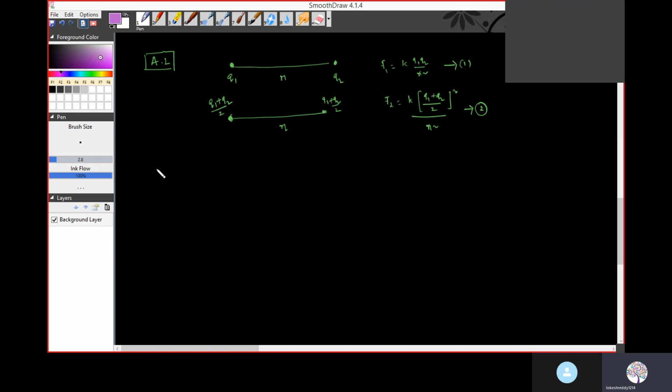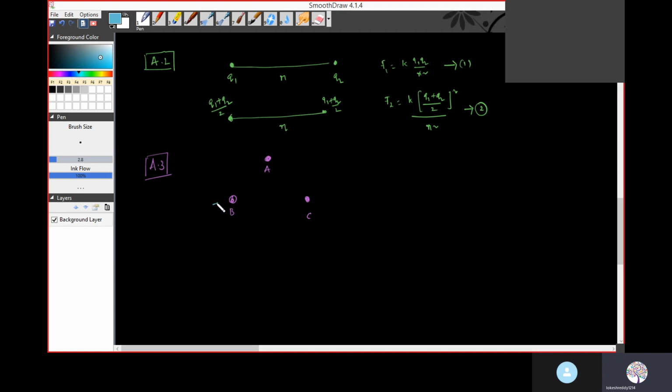Now we will do another model. He might be asking you a question like this. Say there were charges kept in the form of a triangle. Then what is the force on this? Let's say this is the force on A. Let us take this as B, this as C. And what is the force on B?